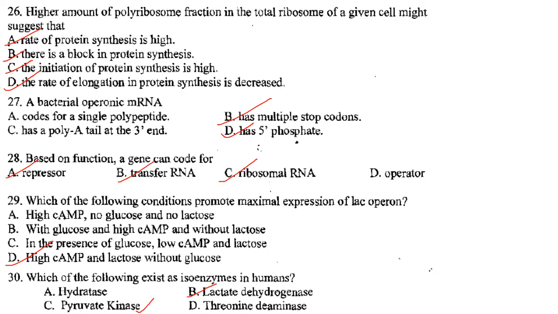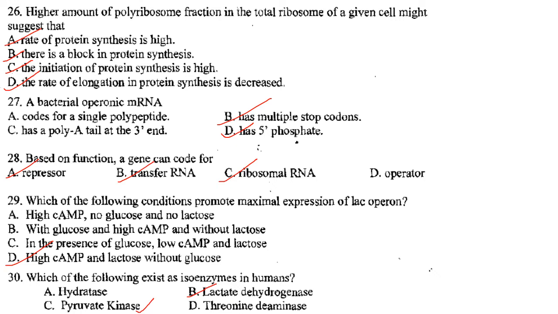That is also correct. Then the rate of elongation in protein synthesis is decreased. That is also correct. So all of these are correct.